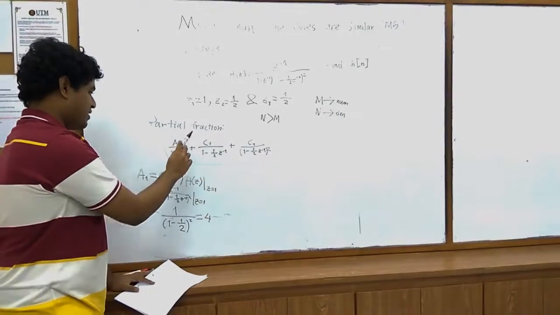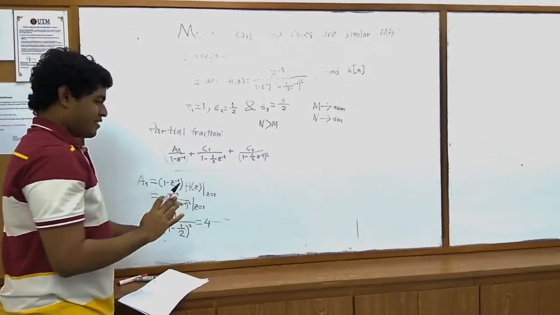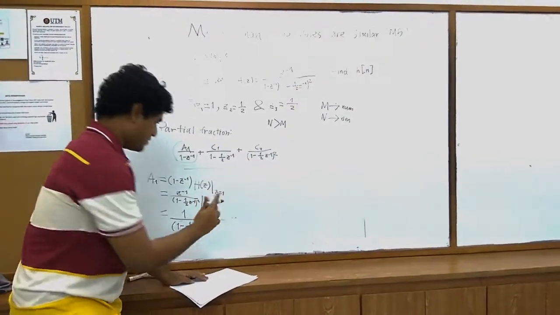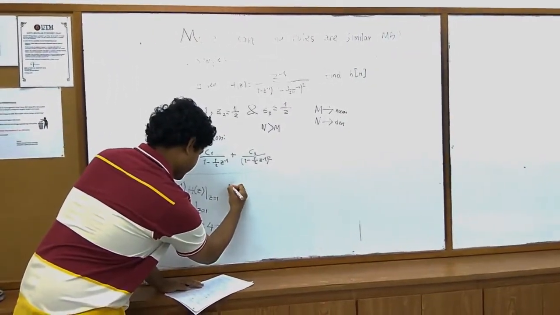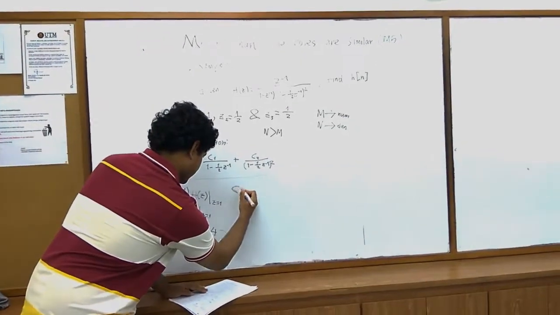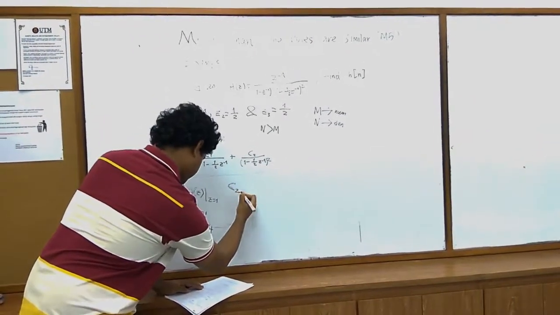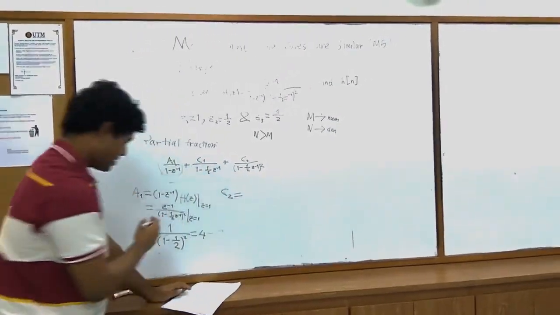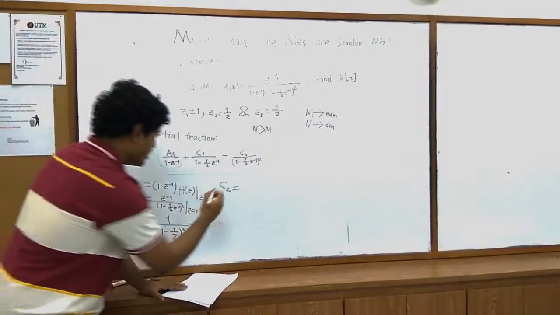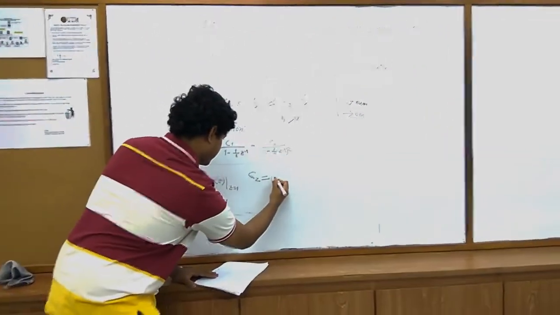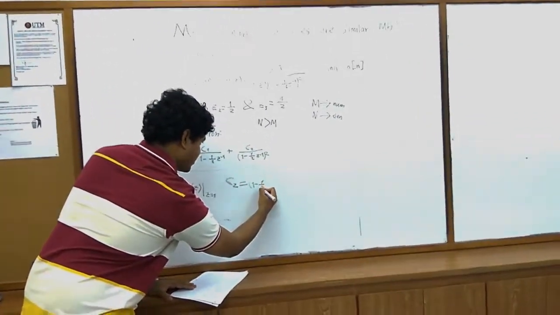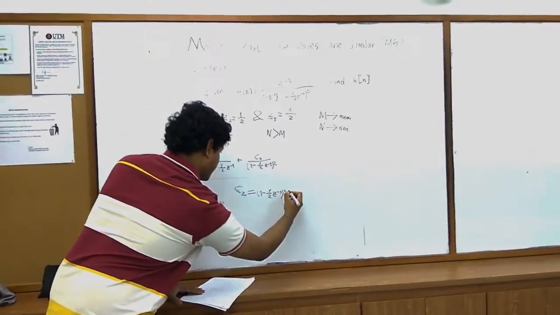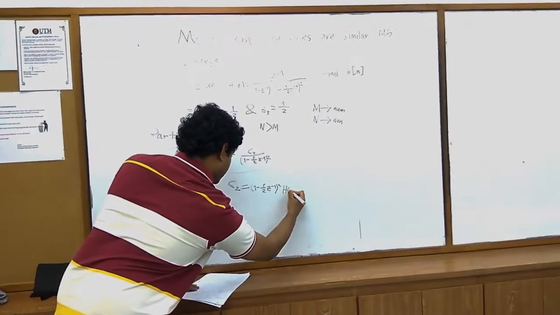Now you need to find C1 and C2. First of all, I'll show you how to find C2, and C1 I'll tell you a bit later. Just like A1, you take the denominator 1 minus 1 over 2 z to the power of minus 1, squared, and multiply with H(z).